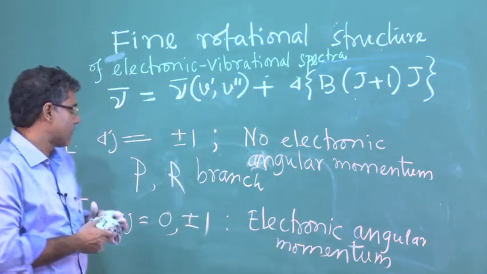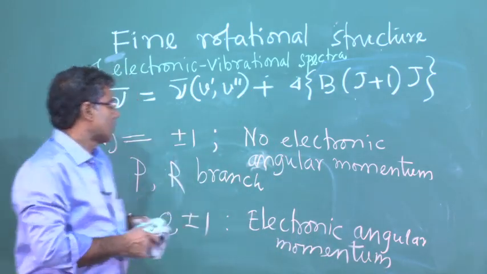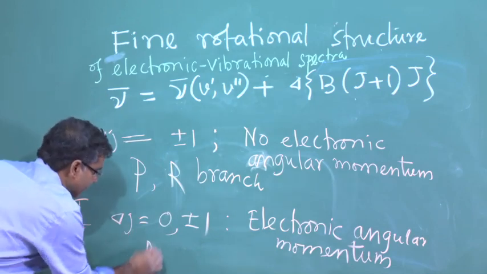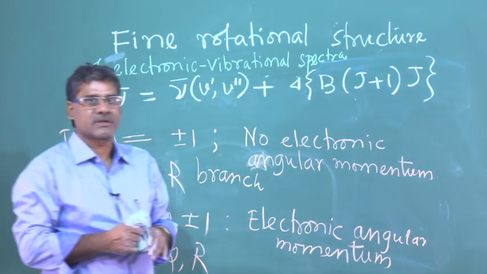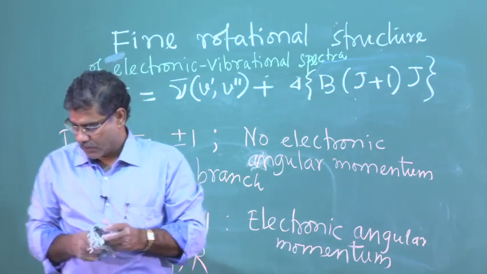In this case you will get P, Q and R branches.